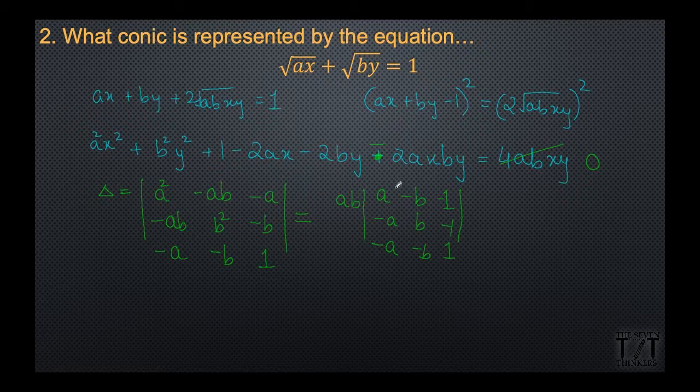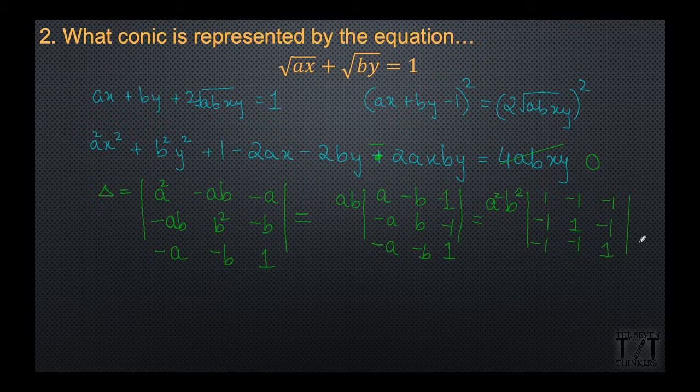Again we can take out a and b common from columns 1 and 2, so it would be a square into b square, times the determinant with rows 1, minus 1, minus 1; minus 1, 1, minus 1; and minus 1, minus 1, and 1.